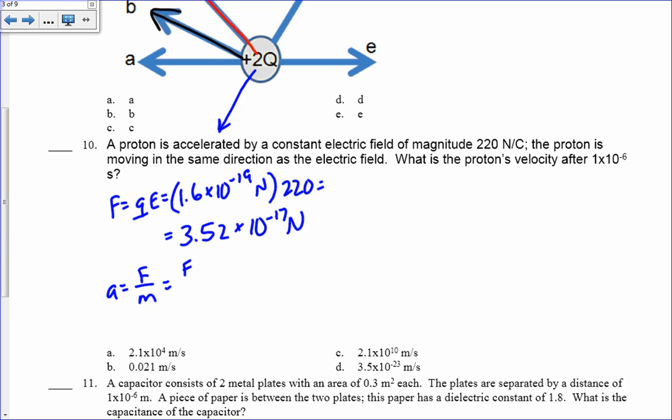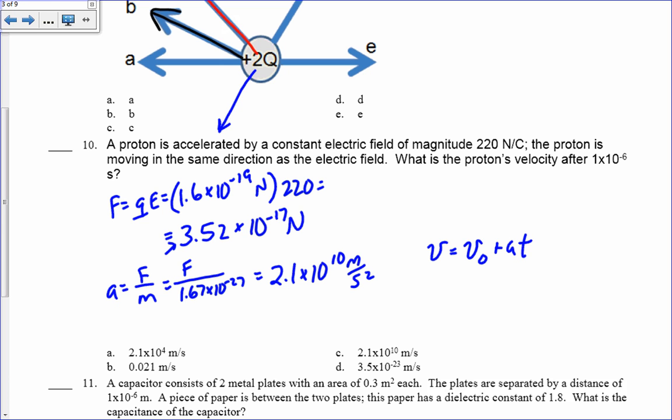That's the force, which is right here, divided by the mass, 1.67 times 10 to the minus 27. Right, this is a proton. That's 2.1 times 10 to the 10th meters per second squared. And then I want to know the velocity, v naught plus at. It says it's at rest initially. So I multiply this times the time, which is 1 times 10 to the minus 6. 2.1 times 10 to the 4th. That's A for 10.